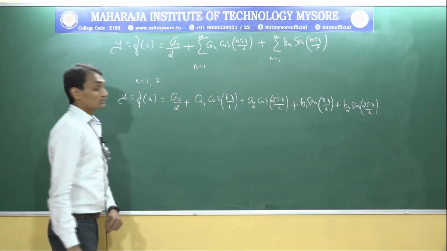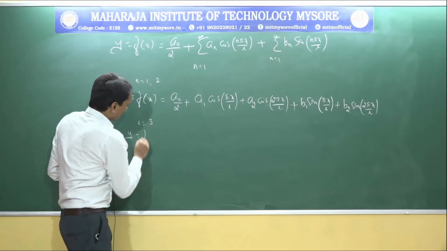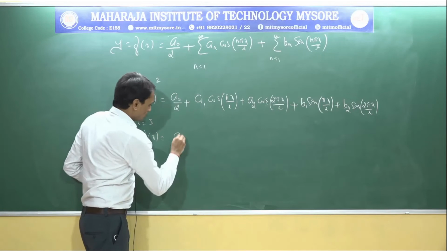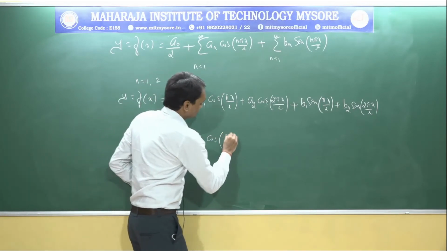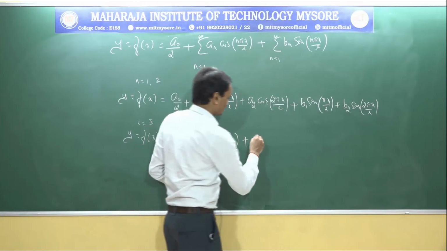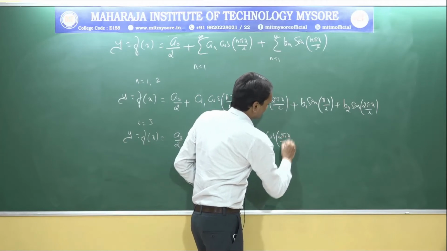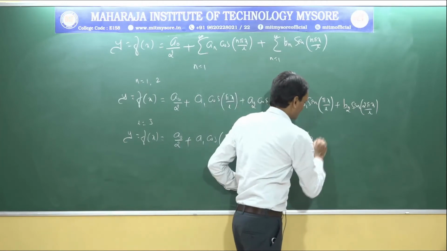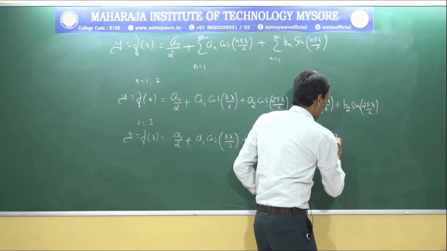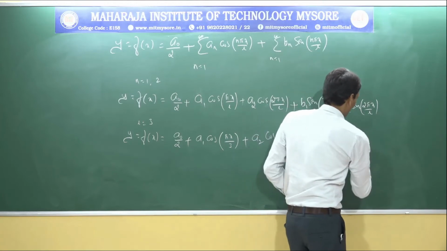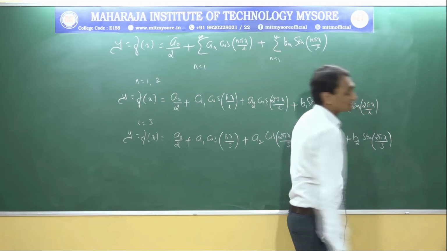Now I will substitute the L value. What is L equal to? L equal to 3. If I substitute, y equal to f of x equal to a naught by 2 plus a1 into cos pi x by 3 plus a2 into cos 2 pi x by 3 plus b1 into sin pi x by 3 plus b2 into sin 2 pi x by 3.